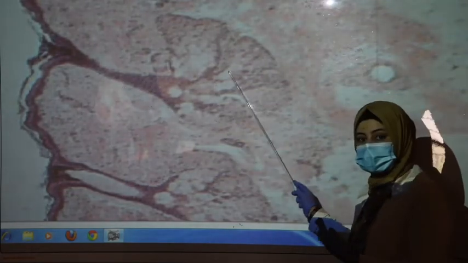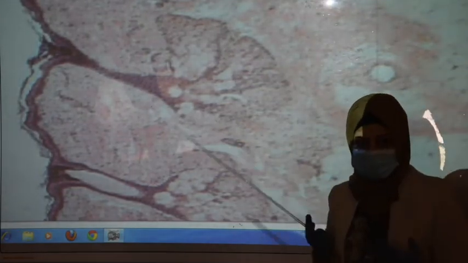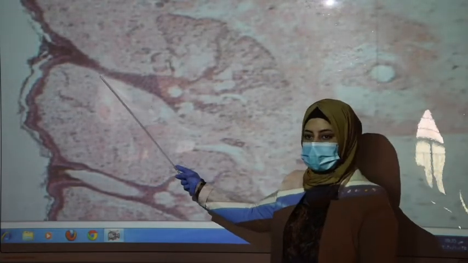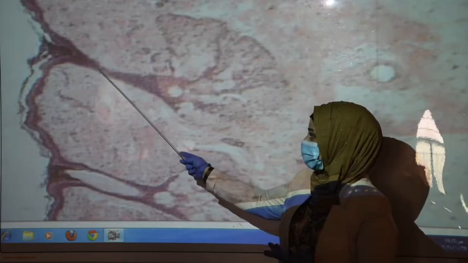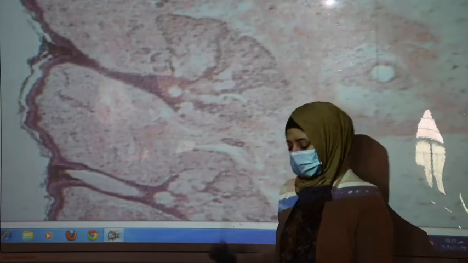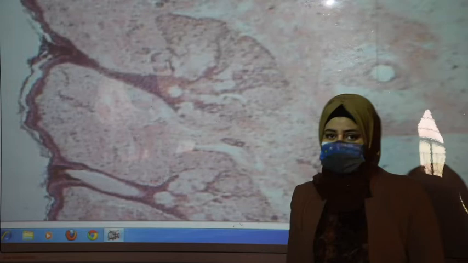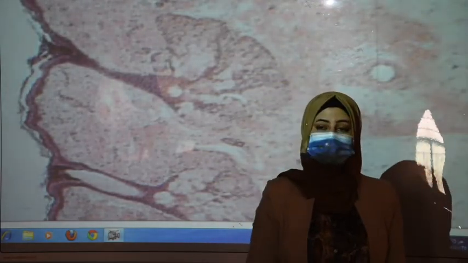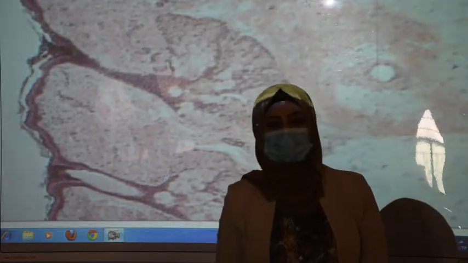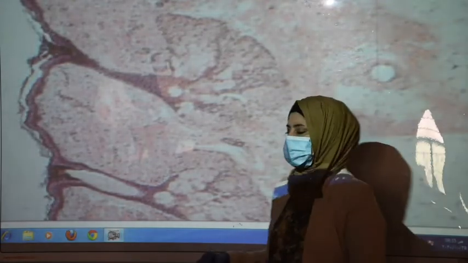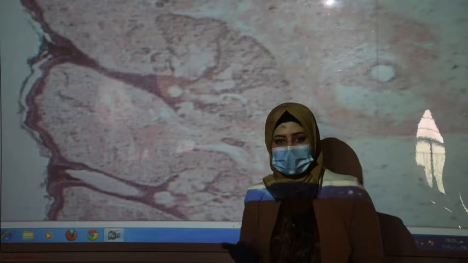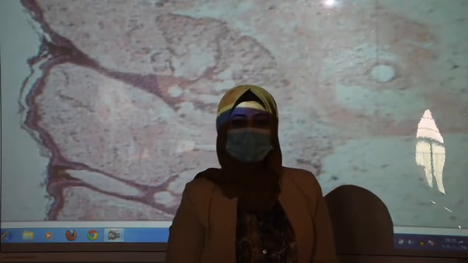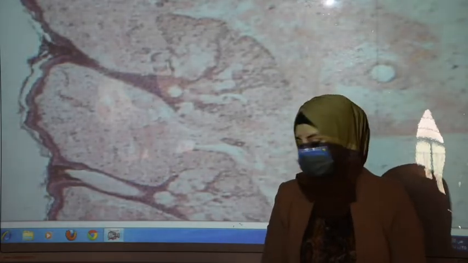Their secretion opens into the hair follicle, and it contains cholesterol, triglycerides, or maybe cellular debris, which gives more flexibility to the skin and makes suppleness and maintenance of the skin.